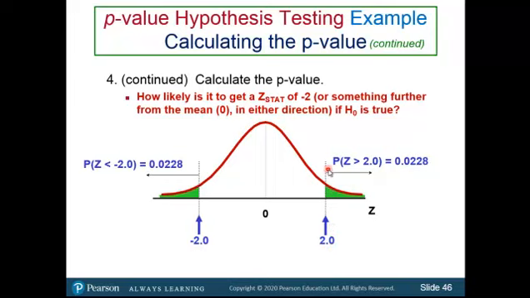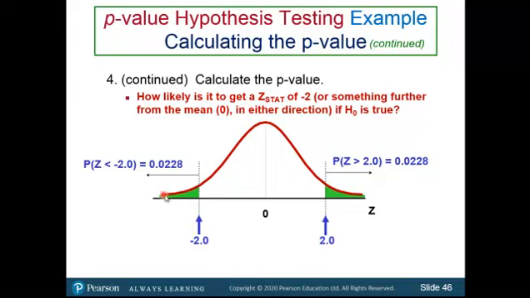Based on this z value, we have to find the area to the left and to the right. By looking at the z distribution, when z equal to 2.0, it gives an area of 0.0228 to the right and 0.0228 to the left.